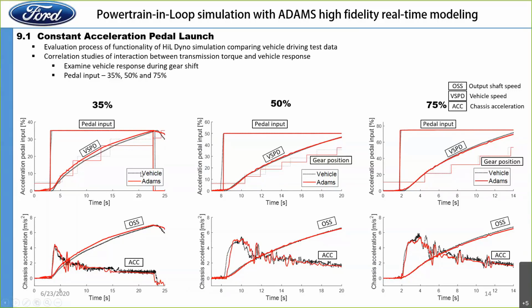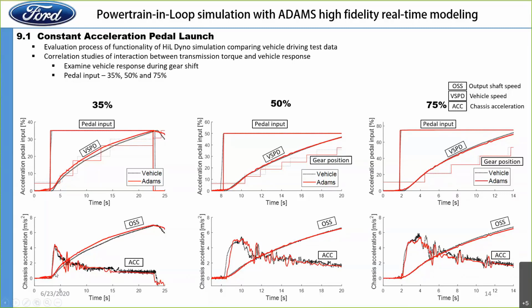So you will see the shift schedule follows the vehicle very well, and the vehicle speed also matches very well. The bottom is acceleration, which is what most people are interested in.